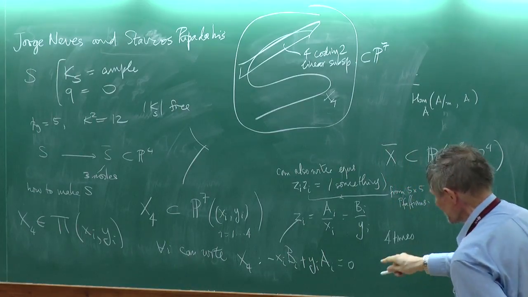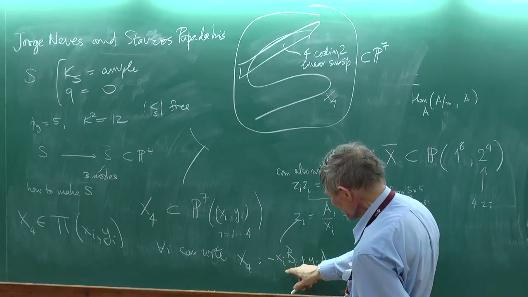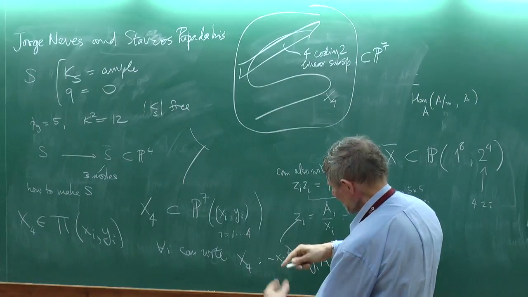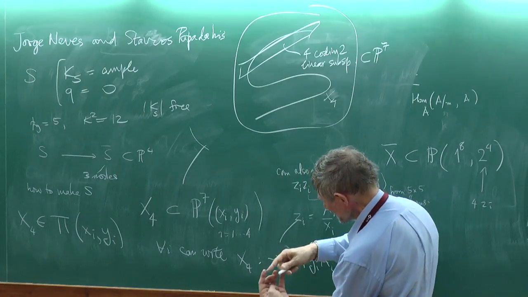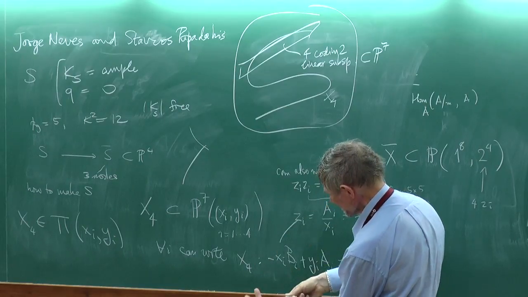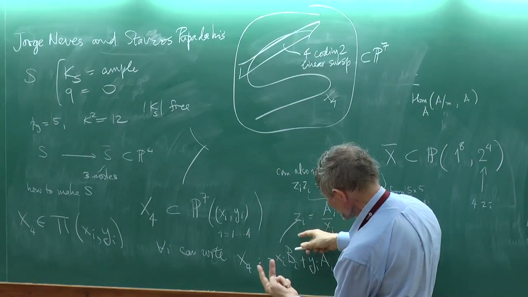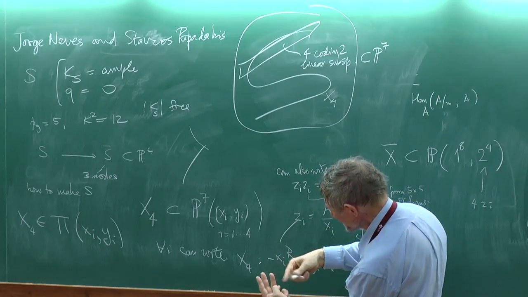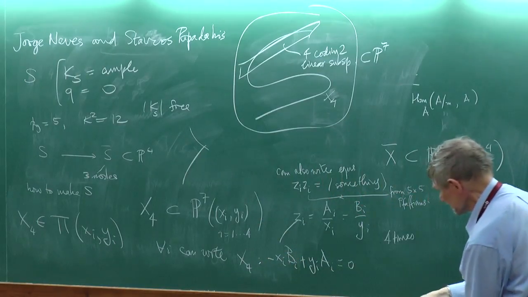So let me just be clear about this. If I introduce Z1, it means I now have a codimension. This was a hypersurface. If I introduce one more variable, I have a complete intersection in codimension 2. Right? And then if I introduce a second Z2, I'm going to have something codimension 3 in P9 with these 2 new variables.